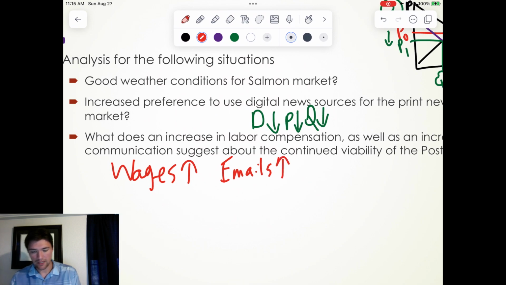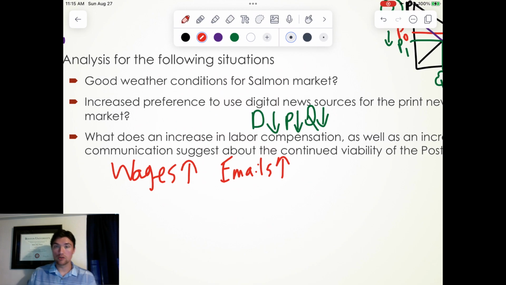Okay, now here's the thing. You are probably thinking, because I've done it too, oh, wages go up, that means more income, that means more demand. And that is true, but is that the demand for the postal market? No, these are the wages for the postal workers. So in the postal market, what happened to the input prices? Is it more expensive now to send mail to people?